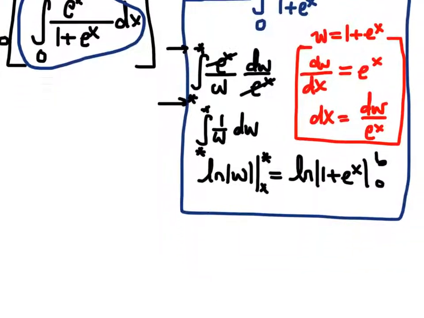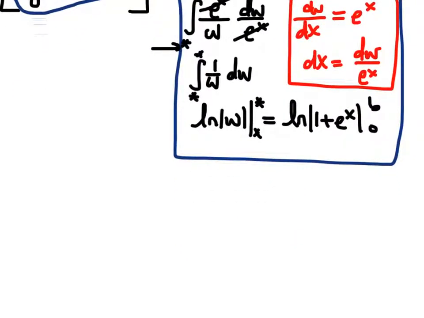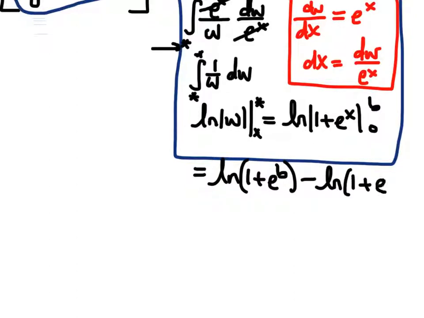And finally, the last step is to apply the fundamental theorem of calculus. So you get ln of 1 plus e to the b minus ln of 1 plus e to the 0. We know e to the 0 is 1, so this becomes ln of 1 plus e to the b minus ln of 2.